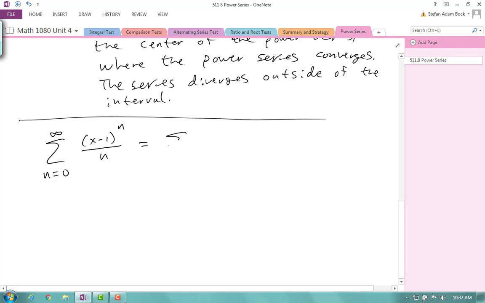Well, this is the same thing as having 1 over n multiplied by x minus 1 to the n. So this is technically a power series. Here's my c sub n, my coefficients, which are dependent on n. And here is my x minus a to the n, with negative 1 as the center.